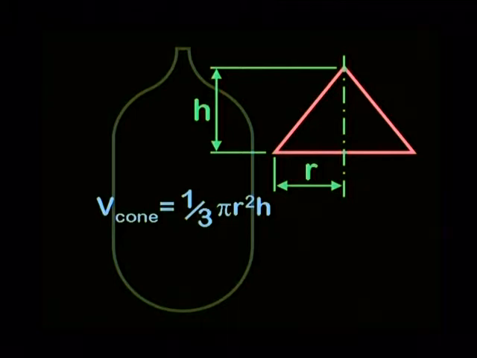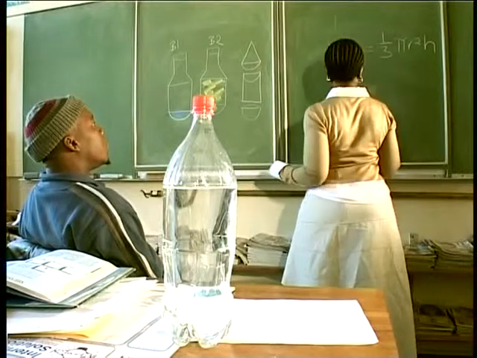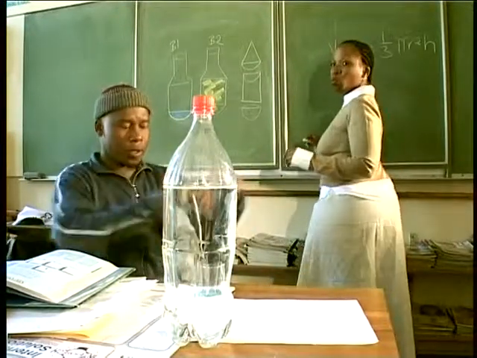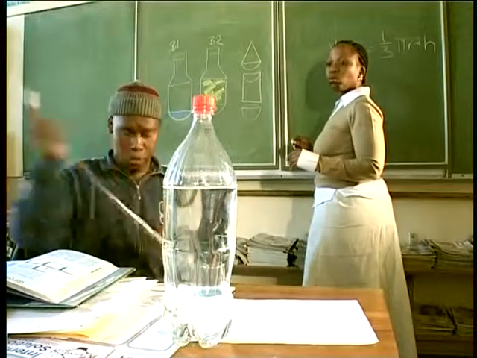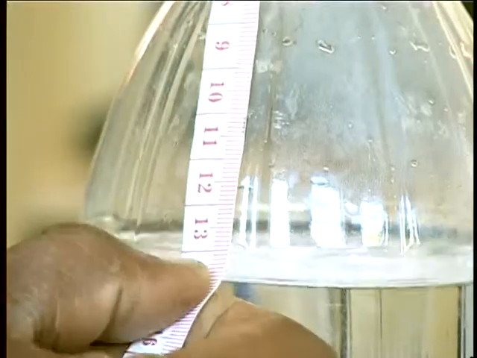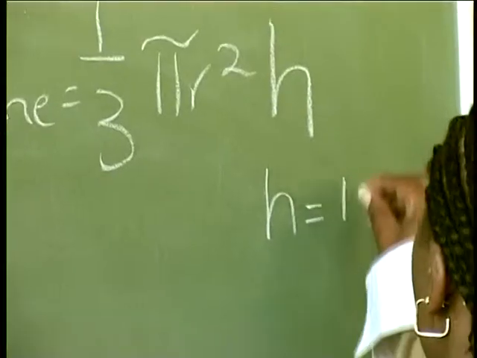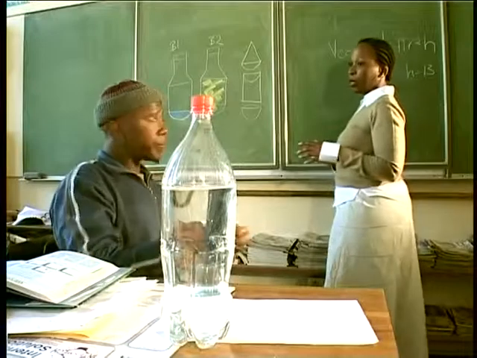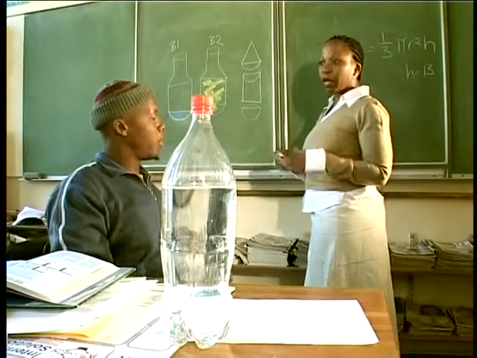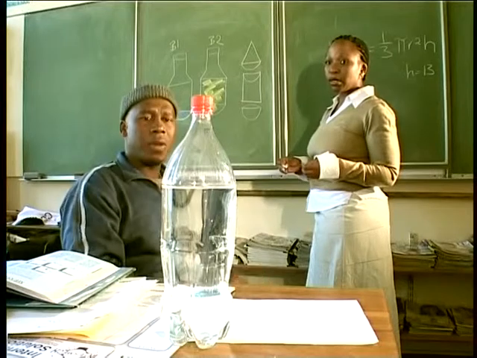Okay, now we need to measure the height of the cone. Okay, I'll measure it. That's 13 centimeters. Right, now we need the diameter of the bottle, and that will also give us the radius.